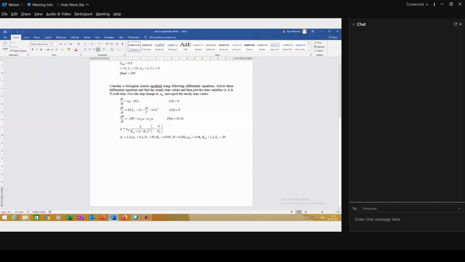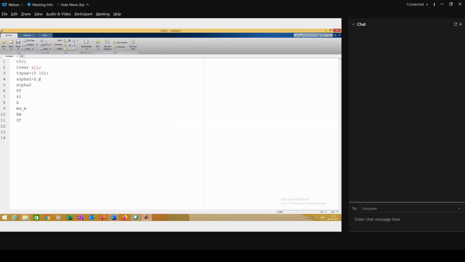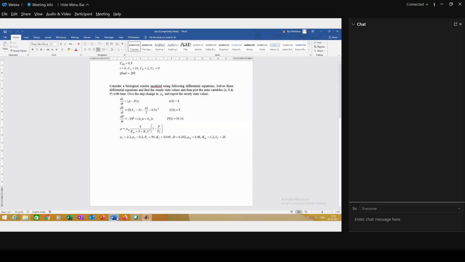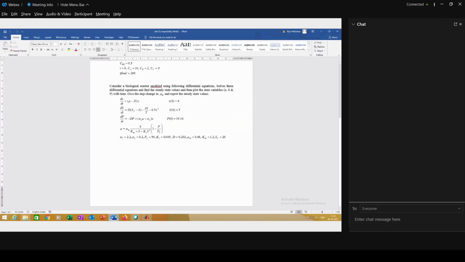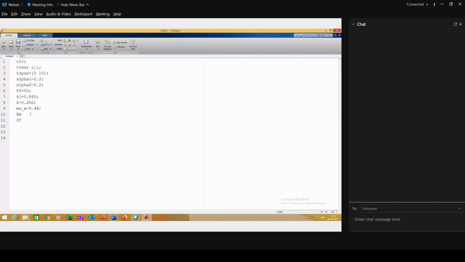I'm going to write the values of these: 2, 2, 0.2, 0.2, 50, 0.0045, 0.45, 0.48, 1.2, and 20.